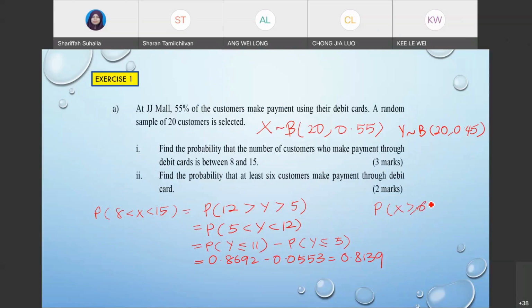So again, you change to Y. Okay, so you have 20 minus 6, so it should be Y less than or equal to 14.